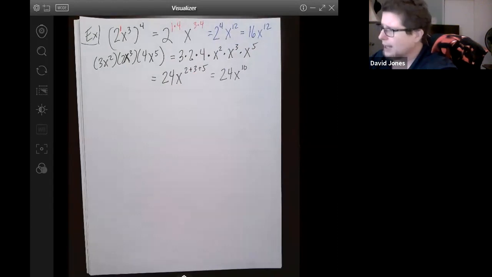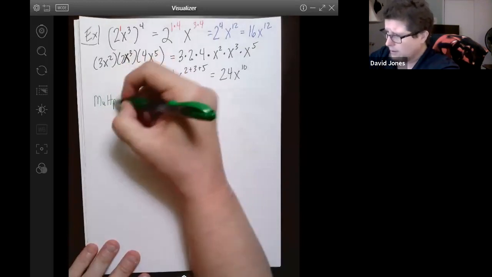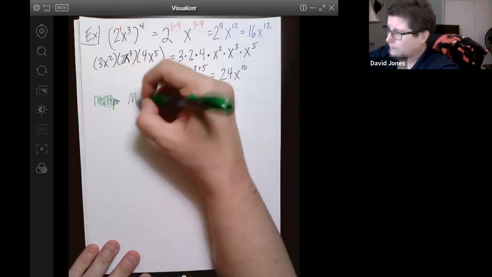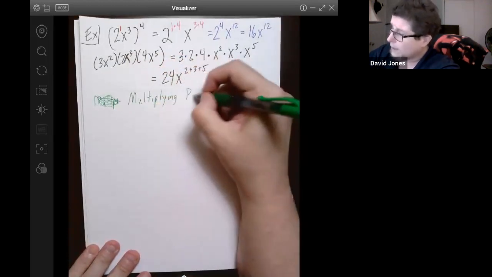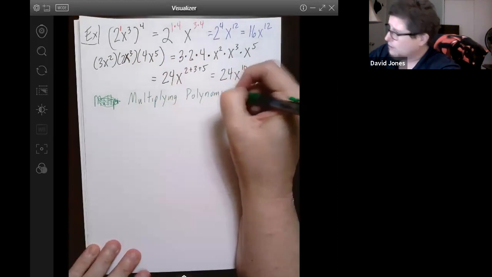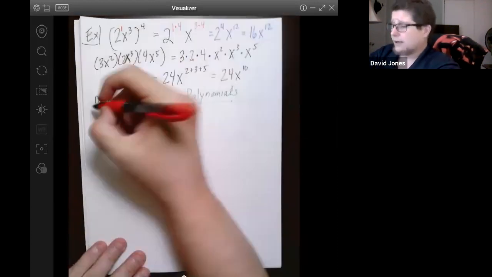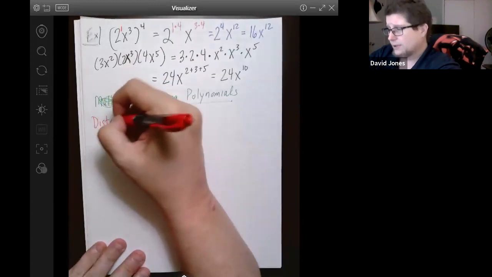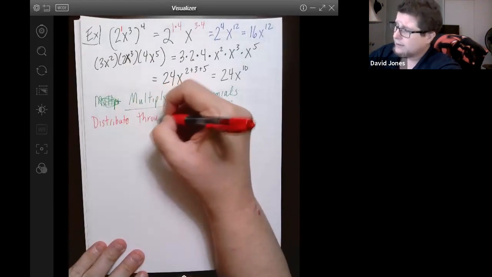When we're multiplying polynomials, here's our rule. Distribute through multiplication.